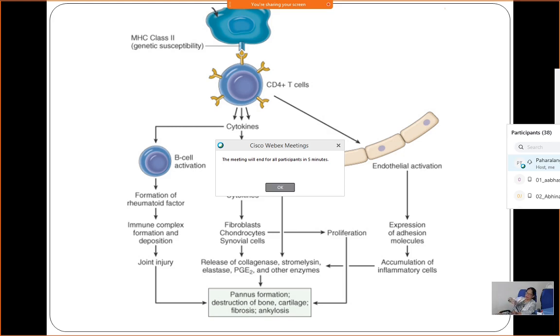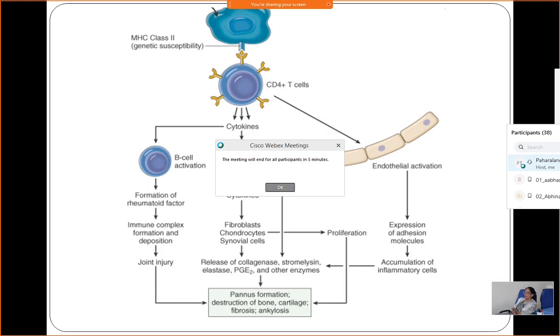Basically, what is happening here in a nutshell is that those people who have HLA-DR4 or DR1, who are genetically susceptible, produce certain cytokines which will cause inflammation, and immune mediation in the form of rheumatoid factor, which forms immune complexes and accumulates within the joint surfaces.